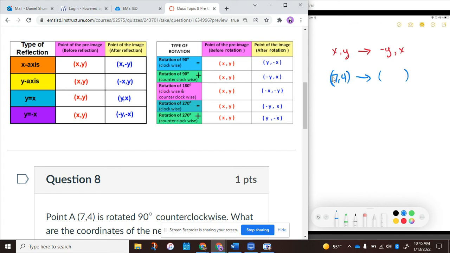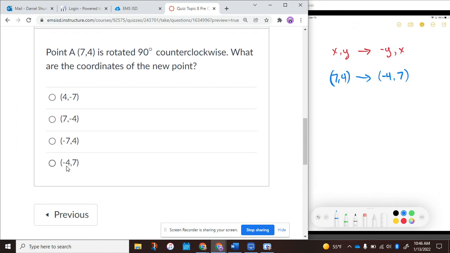So we're going to trade places of x and y and make our original y negative. So instead of +7, +4, we'll end up with -4, +7. Keep in mind this x value right here, it didn't change. If we're going by this rule, the x value that we started with stayed the same. That +7 is still +7. Only the original y changed signs. All right, so there we go.